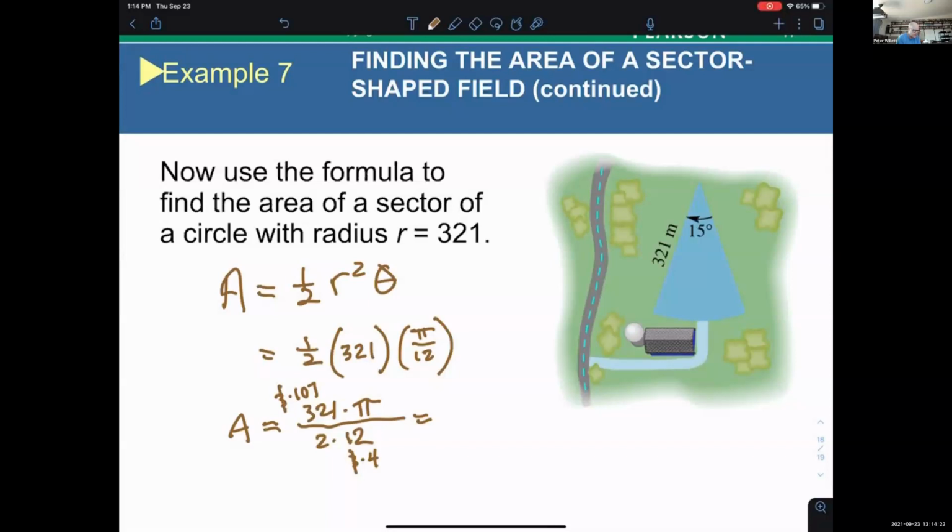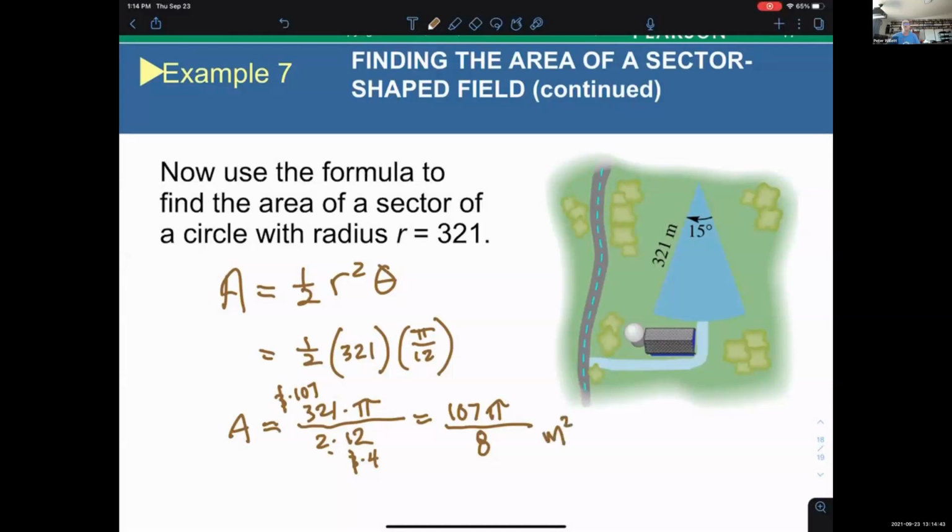Those are not divisors of 107, so there are no common factors. My final answer in the exact value would be 107 pi divided by 2 times 4, which is 8. So 107 pi over 8 is the exact value of the area, and this would be in meters squared.